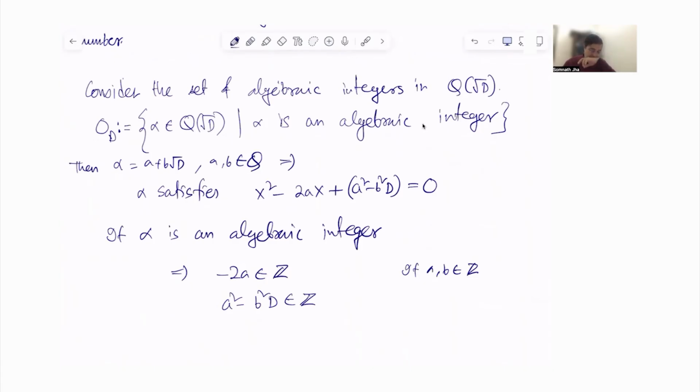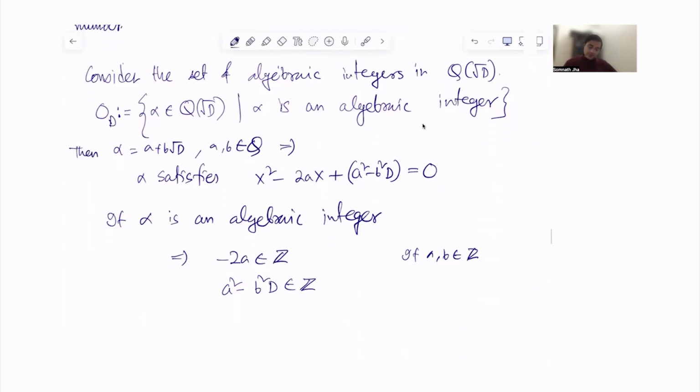The reason is that alpha satisfies a degree 2 equation over Q. Since alpha is an algebraic integer, the least degree monic polynomial it satisfies over Z is irreducible over Qx, so it has to divide this monic polynomial over Z, and hence it has to be equal to this.